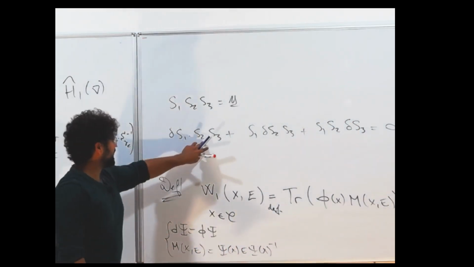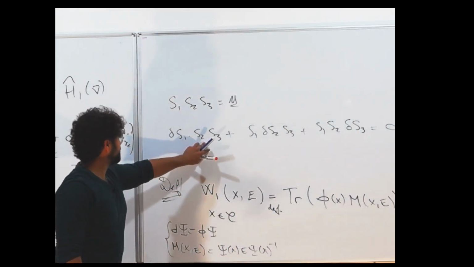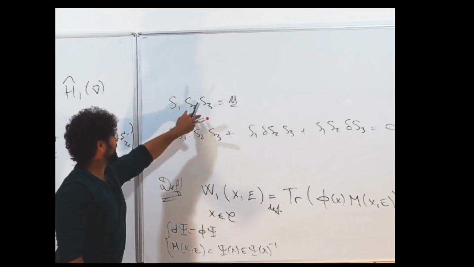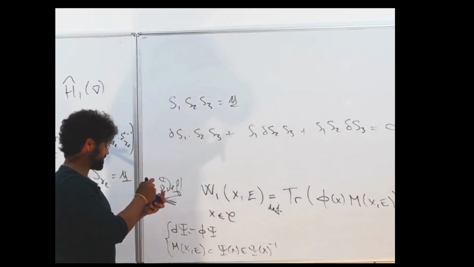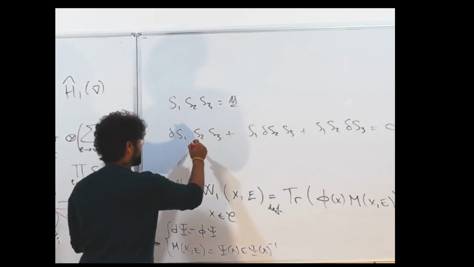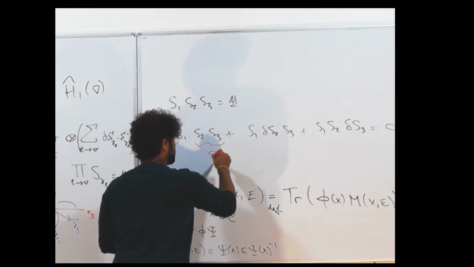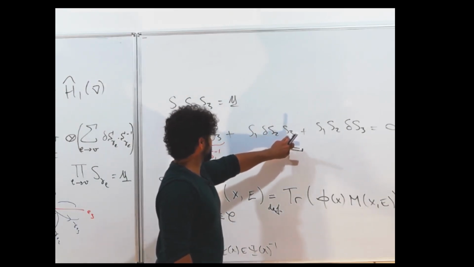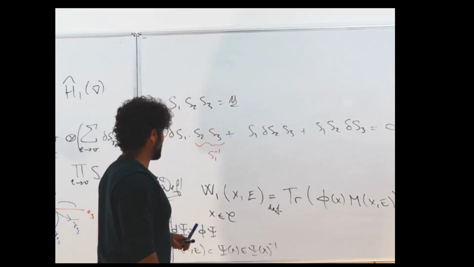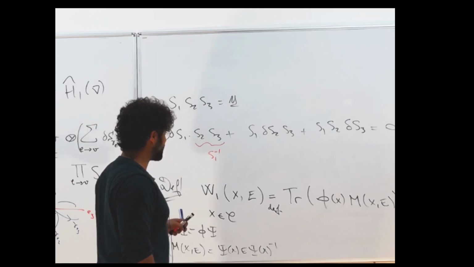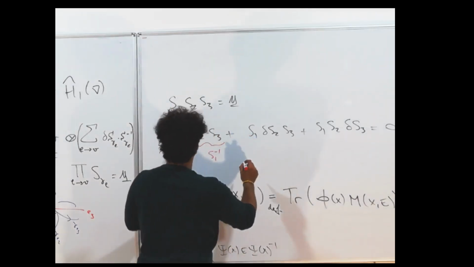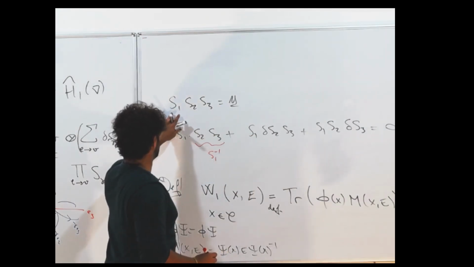Okay, now you can basically notice that S2, S3 is S1 inverse. This is S1 inverse. S1 times delta S2, S3 is what?